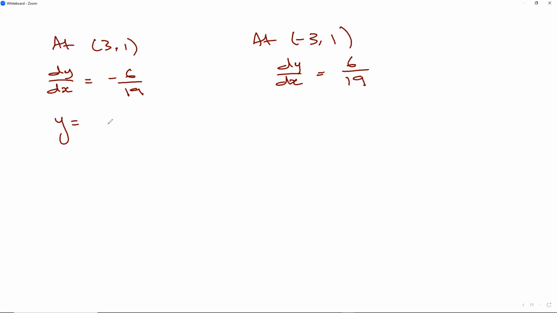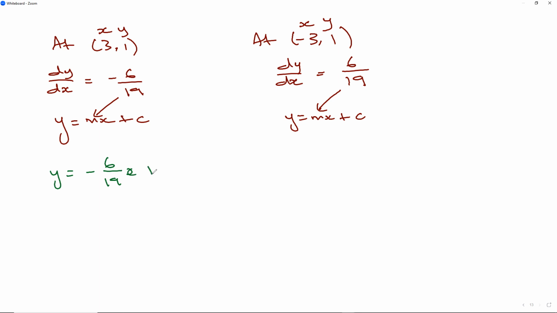Using y equals mx plus c, I can substitute that in there for my m value, and then change that into x and that into y. And once I do that, I will end up with the equation y equals negative 6 over 19x plus 37 over 19, and y will equal 6 over 19x plus 37 over 19.